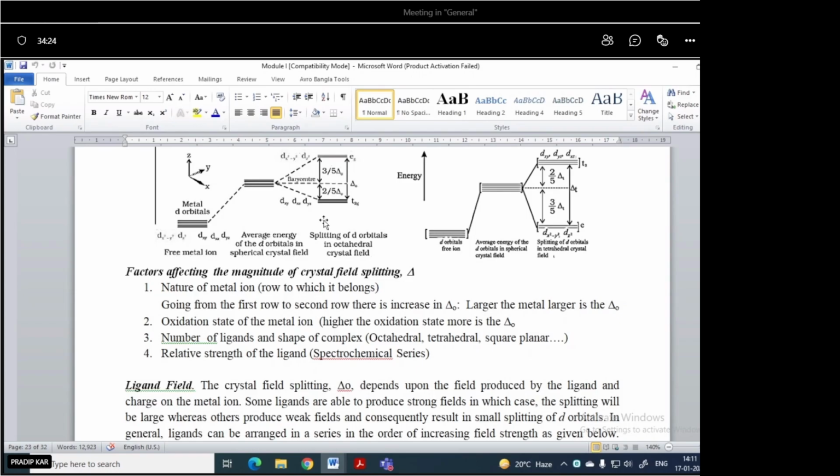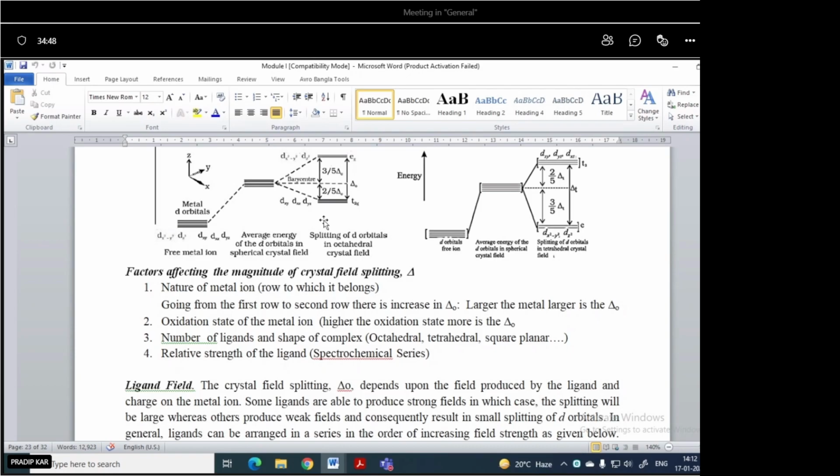Going from the first row to the second row, there is an increase in delta O. The larger the metal, the larger is the delta octahedral. Means if the size of the metal ion increases, delta octahedral also increases.